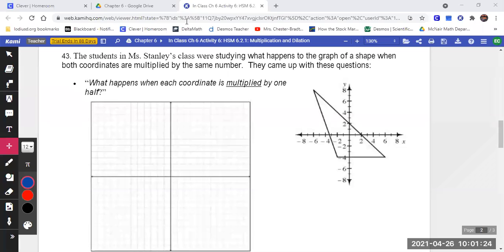Remember, when we multiply fractions, we just multiply across the top and multiply across the bottom. So what's 1/2 times 1/2? 1/4, okay.